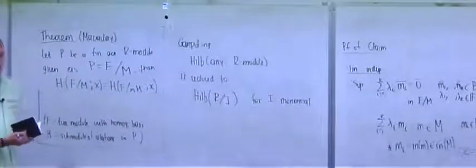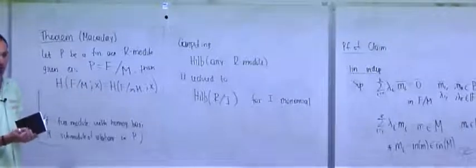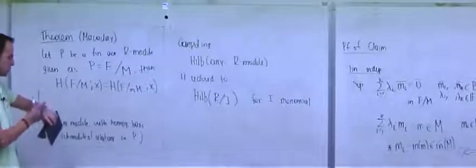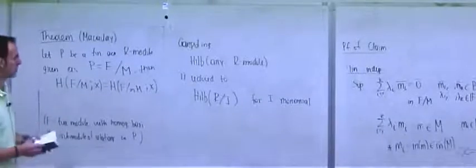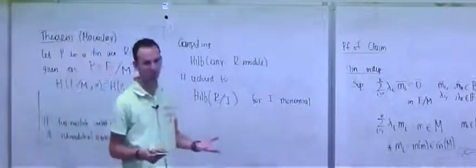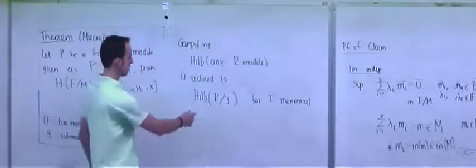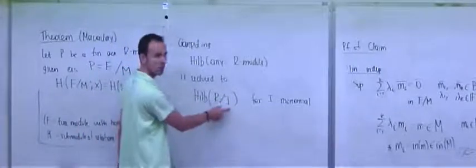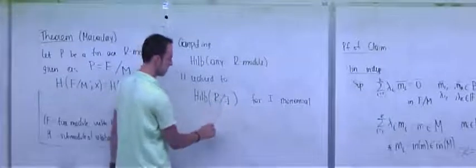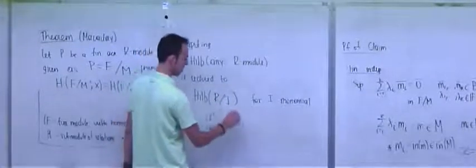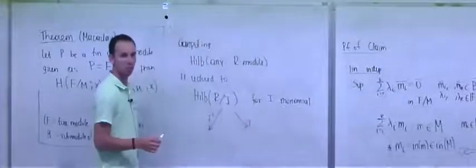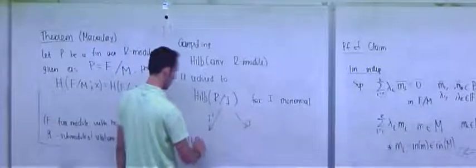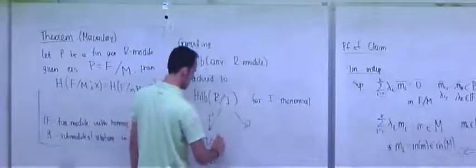We have a great tool to do this, which you have in the homework, and which you will prove in the homework. Basically it says, if you want to do this, there's kind of an inductive procedure where you take I, and you split it into something I prime and something J, and basically you reduce the computation of this guy to the computation of this guy, and of this guy.